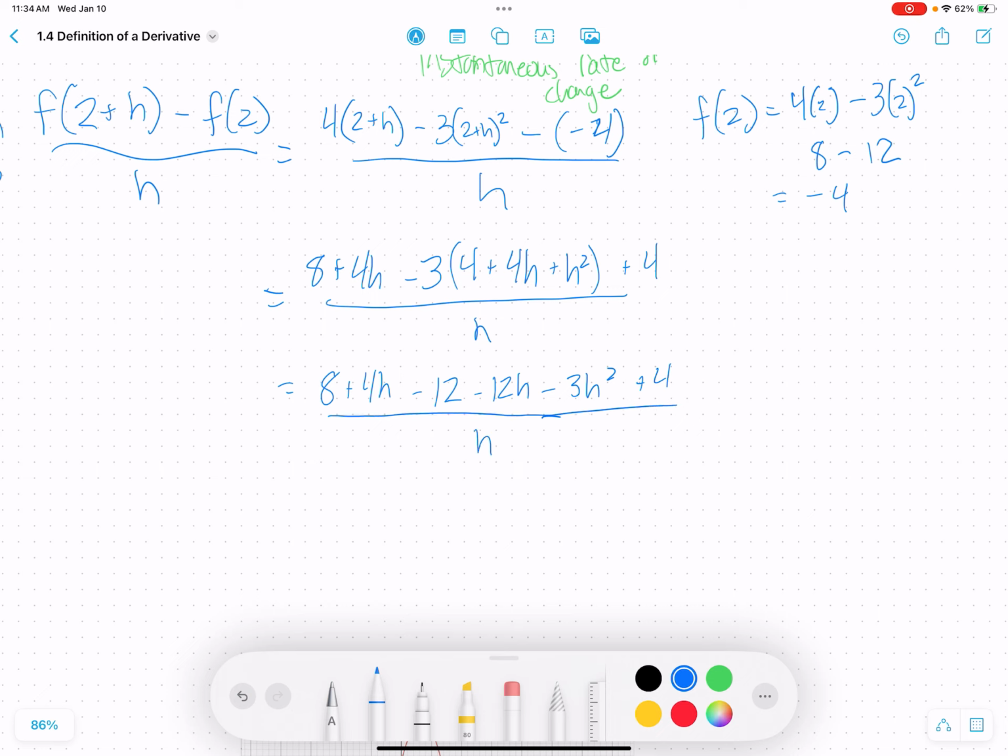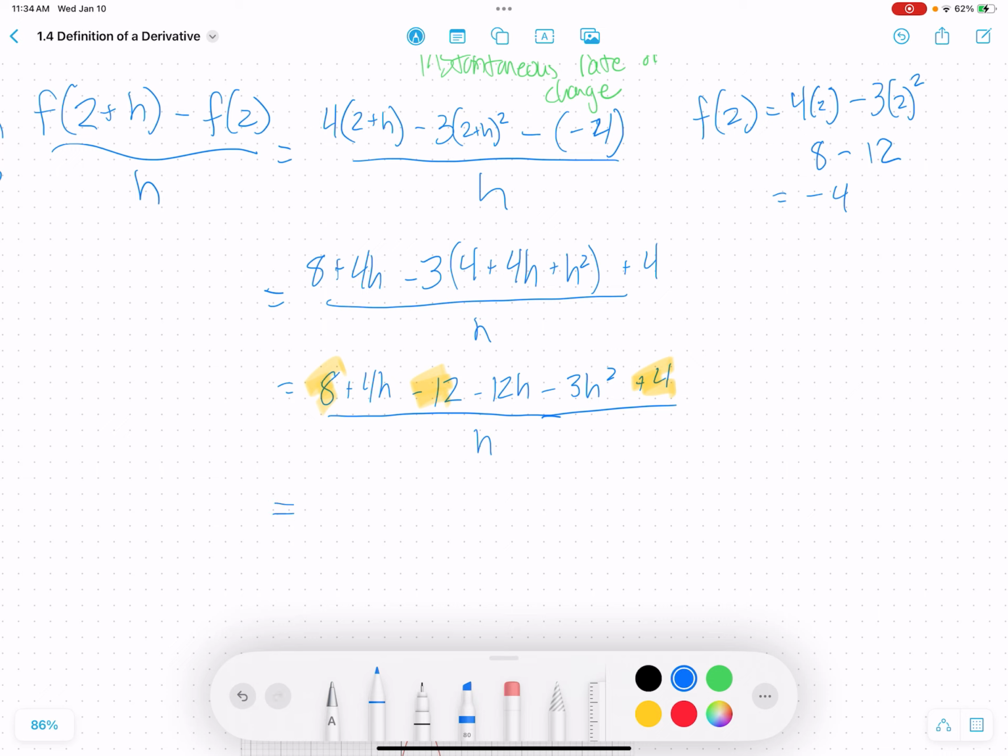Okay. Well, like we saw yesterday, when I'm doing difference quotients, a lot of the times what will happen is things will cancel out so that I can get rid of the h in the denominator. Notice 8 minus 12 plus 4 gives me 0. So that cancels out all of my constants.